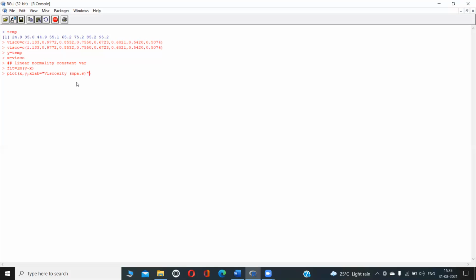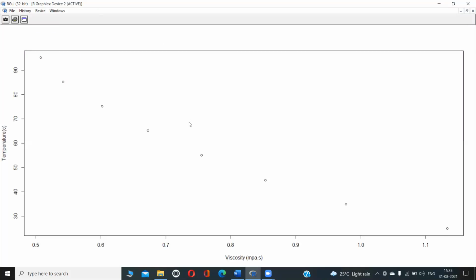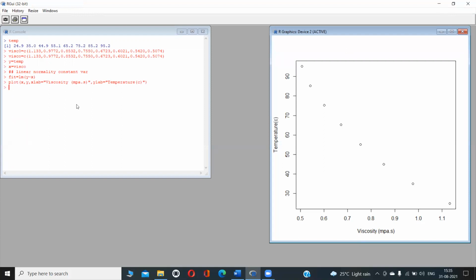And then on the y-axis, the label we want is the temperature. So you can see here there's a plot, and we want to check whether they have a linear relation or not. So abline.